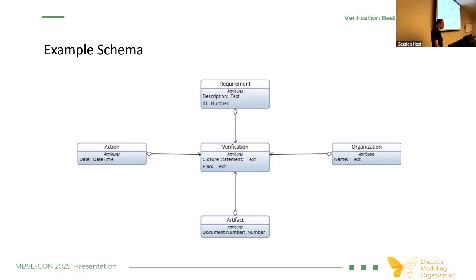And then lastly, your closure statements. The closure statement is, to me, a 3 to 5 sentence paragraph that explains the use of the documents that you're mapping out to that verification and says why you actually meet a requirement. I think anybody who's done any sort of verification work has seen at one point or another that they're handed 2,000 pages worth of documentation and told, yep, we're good, everything's perfect in here.